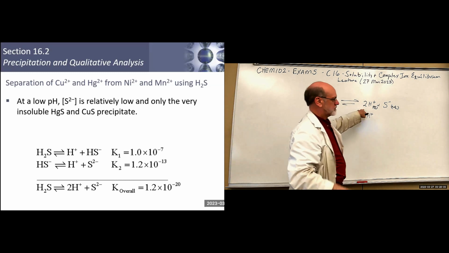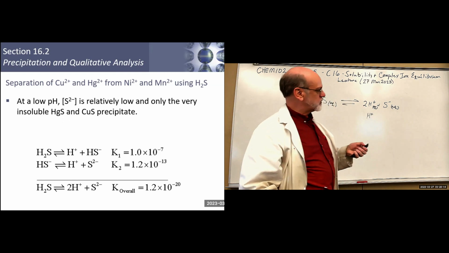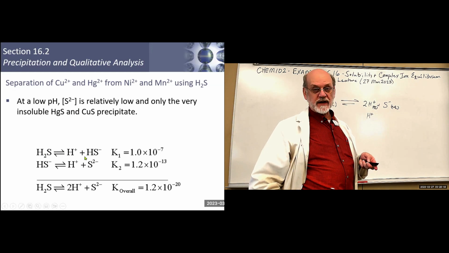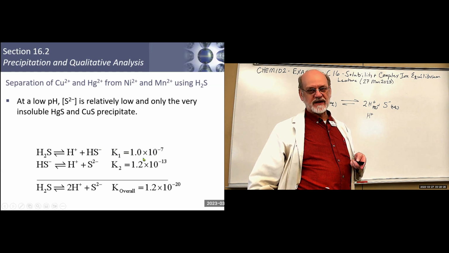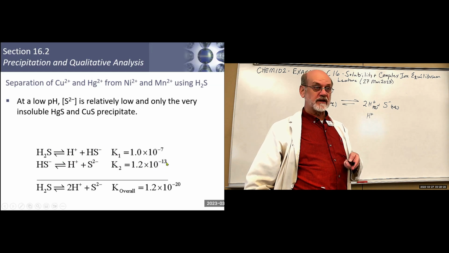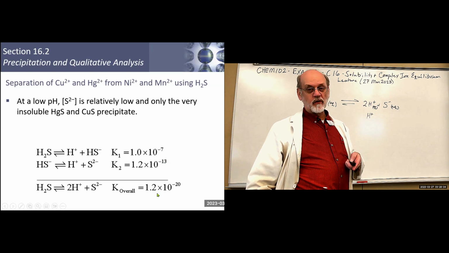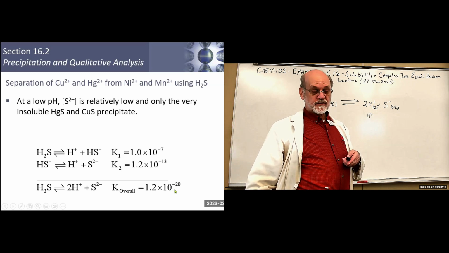I put the overall reaction here, but this slide shows you that you actually have a two-step deprotonation. The first proton comes off at 10⁻⁷, and the second one comes off at 10⁻¹³, just like we learned in chapters 14 and 15. And the combination of the two, the overall K for that reaction, is 10⁻²⁰. So the concentration is very low.